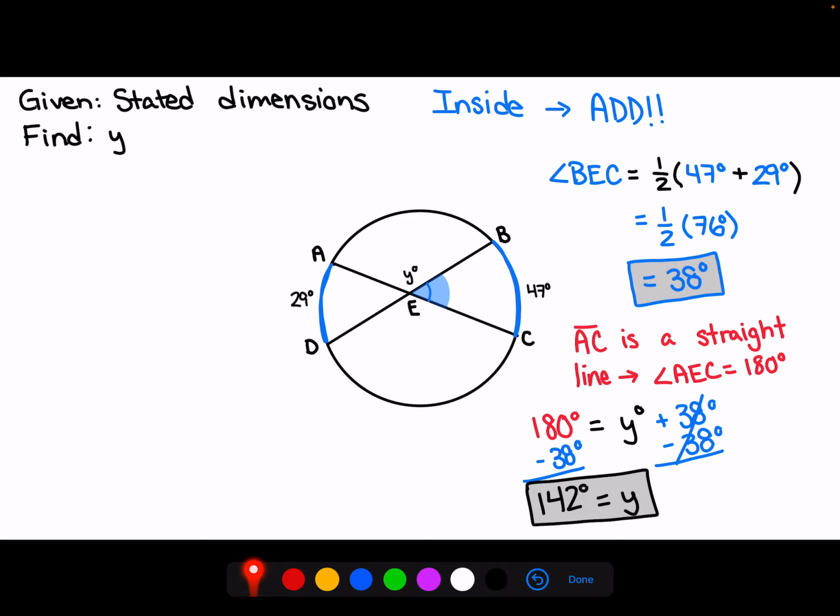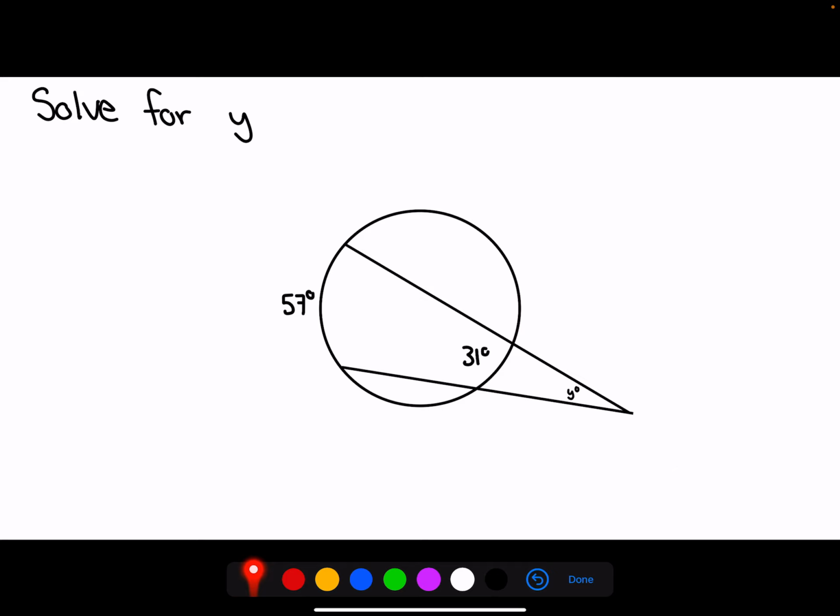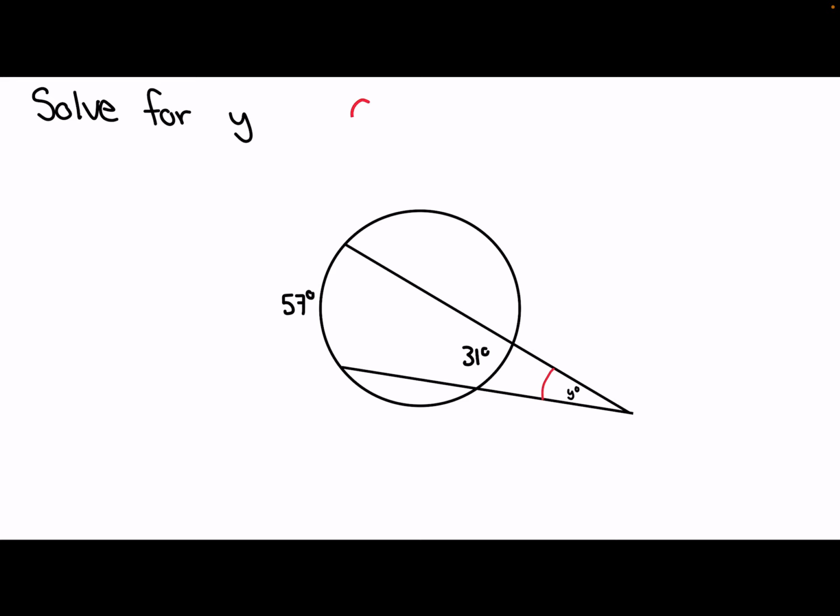All right, next up, we're going to go ahead and solve for y once again. So this time I have two arcs. I have 57 degrees and 31. I'm trying to solve for y. Now, the first thing that we should always do is locate where our angle is in relation to our circle. Our angle is outside the circle, and outside means subtract.